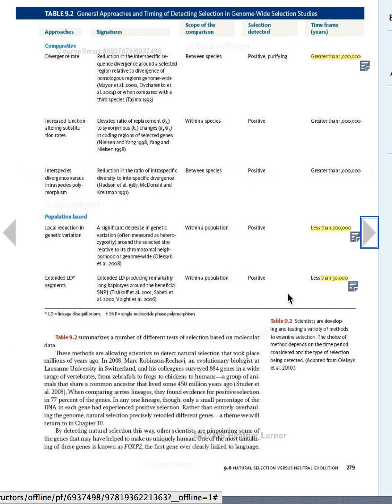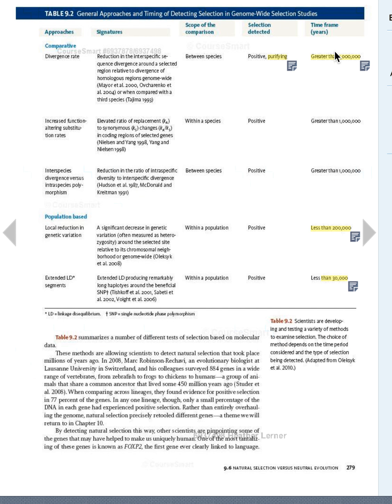Basically, what I want you to pay attention to is here in this table. They start talking about all these different tests for selection. Look at these columns. So look at the scope of comparison. We've got between species, and within a population. We can look for evidence of positive selection, and we have one test for purifying selection.